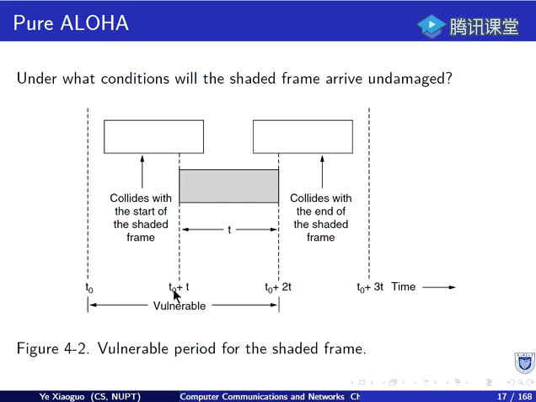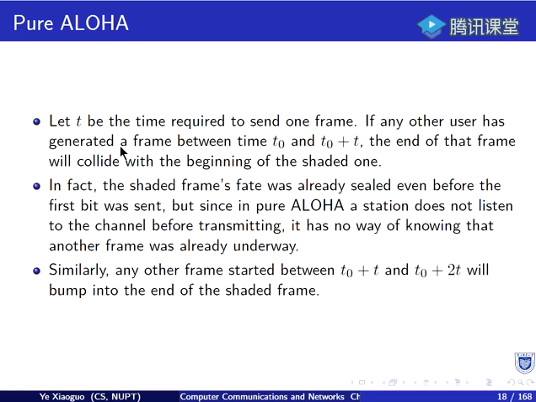T0 plus t, T0 plus 2t, T0 plus 3t. We have 3 time slots. Then let t be the time required to send a frame. So t means frame time.